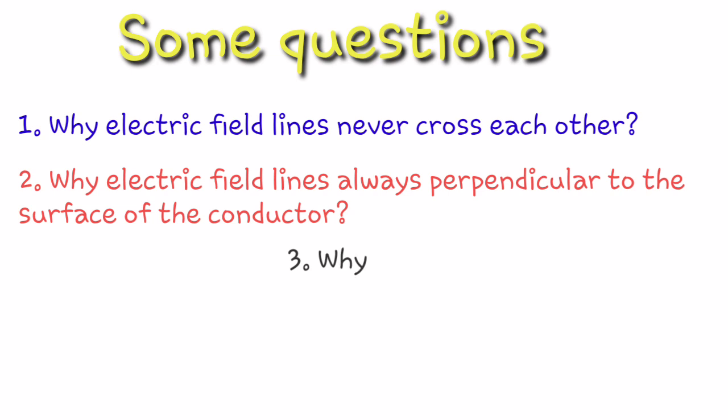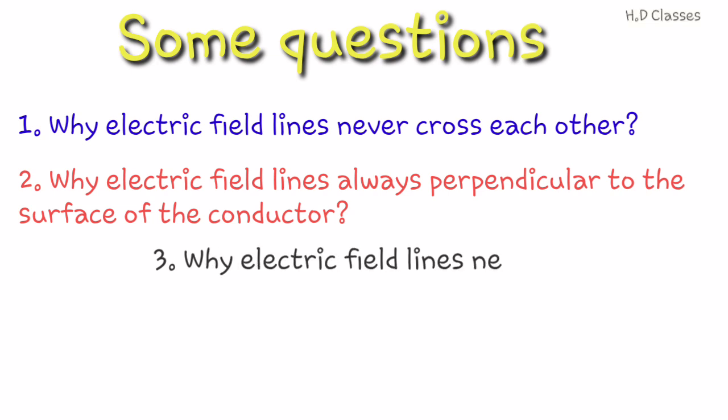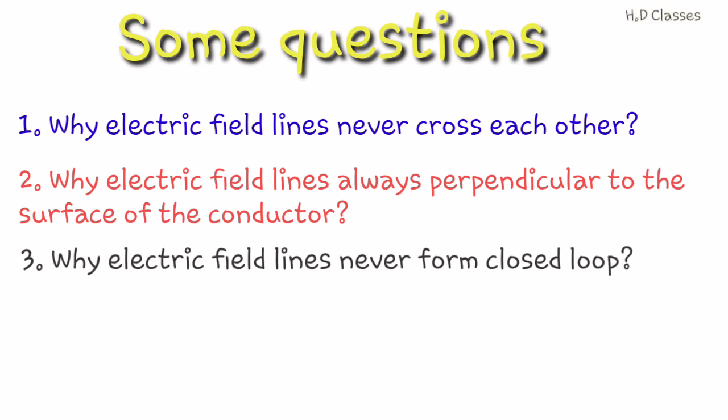Number 3, why do electric field lines never form closed loops? If the field lines form a closed loop, then electric field lines would start from positive charge and end at positive charge. But we know electric field lines start from positive charge and end at negative charge. They will never come to the positive charge again. That's why electric field lines never form closed loops.